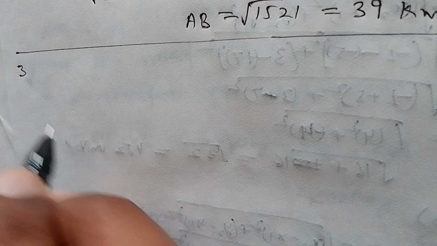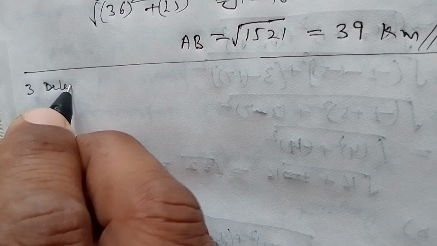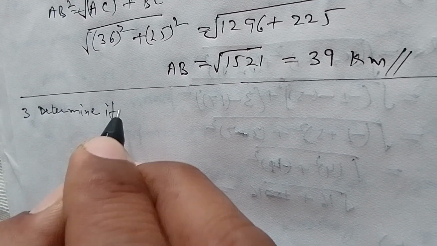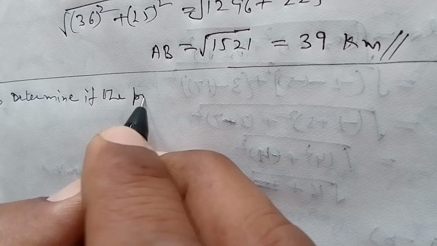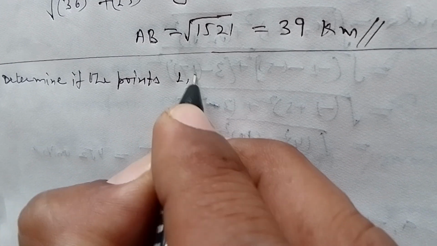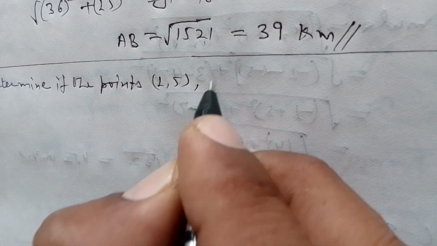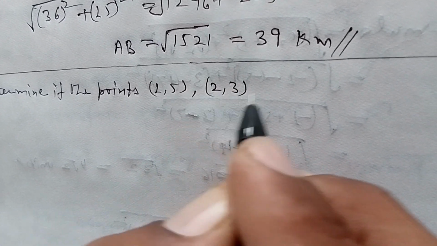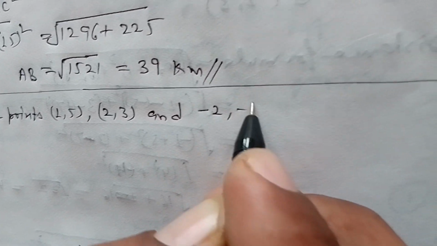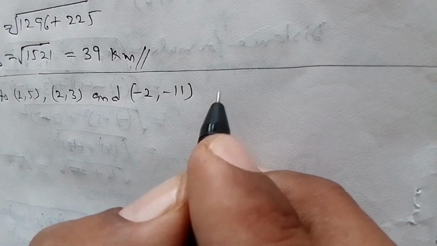Third question: we have to determine if the points (1, 5), (2, 3) and (-2, -11) are collinear.